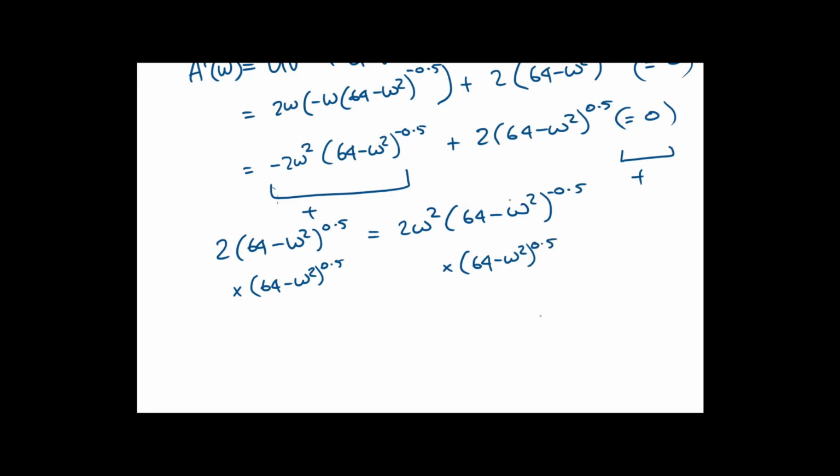Why do I do that? Well, these are almost the same. The only difference is the exponent. And when we add them together, we're going to get to the power of 0. So this is going to cancel.